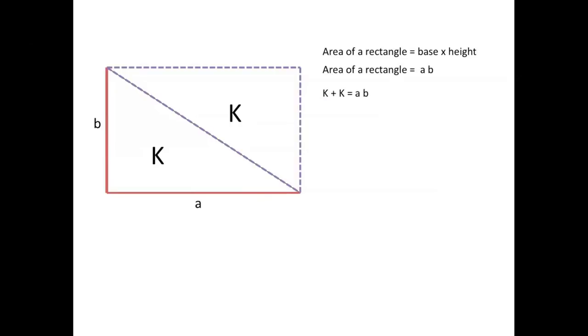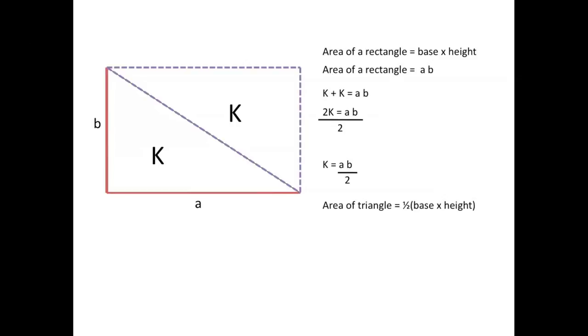So K plus K is equal to A times B, which can also be written as 2K is equal to A times B. And we can divide the equation by 2. We get that K is equal to A times B divided by 2, which is what represents the area of our triangle.